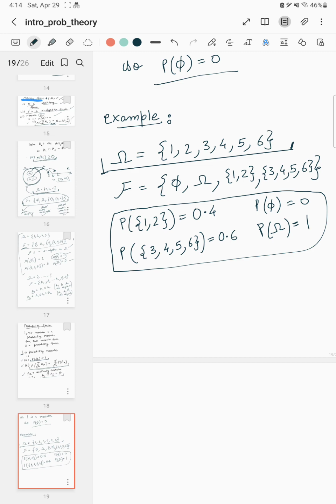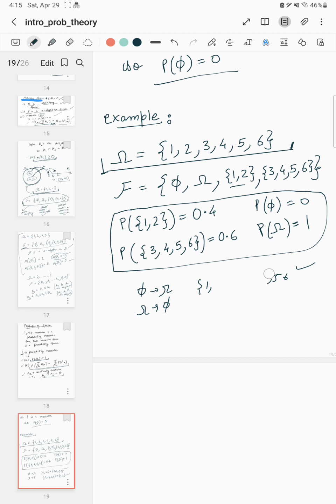Then it should be closed under complement, which means that if you take the complement of any element of F, that should also be present in F. The complement of phi is omega, which is present in F. The complement of omega is phi, which is also present in F. The complement of {1, 2} is {3, 4, 5, 6}, which is also present in F, and the complement of {3, 4, 5, 6} is {1, 2}, which is also present in F.